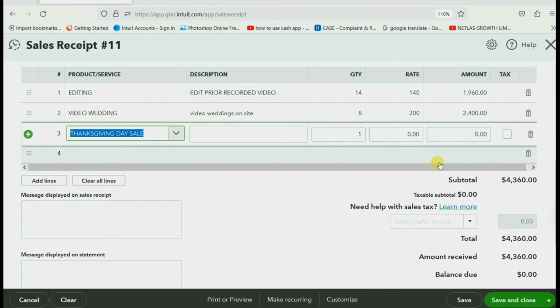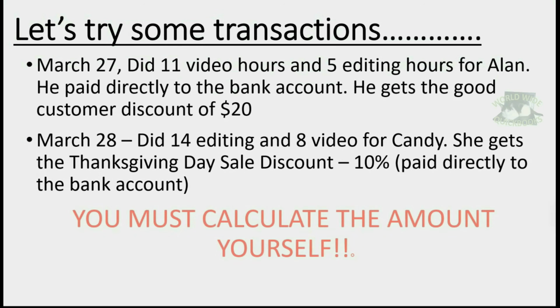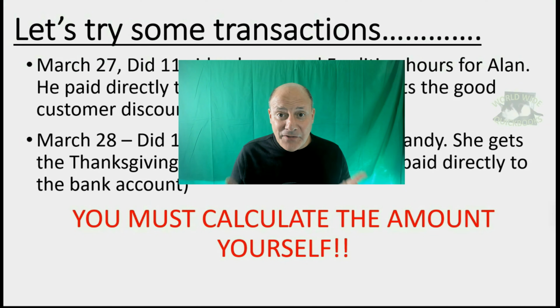But now here's an interesting point. Of course, you're going to put a negative number. However, when it comes to a discount that is a percent of the sale, you must calculate the amount yourself. You can use a calculator or Excel or just use your own math skills.